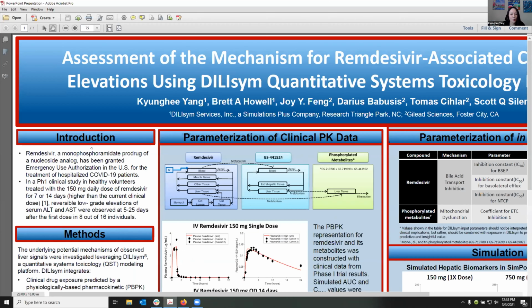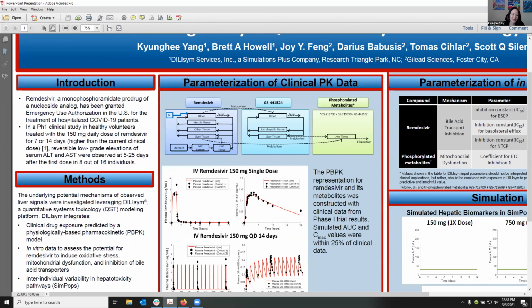I'm going to start with a little bit of background introduction. As you might already know, remdesivir gained a lot of public attention as it was granted emergency use authorization in the United States and then approved for the treatment of hospitalized COVID-19 patients. Remdesivir was initially developed for treatment of Ebola.